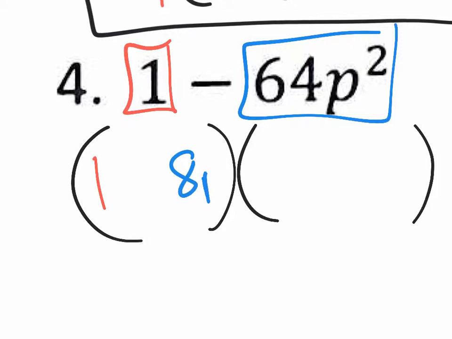That is 8 with a p. So let's repeat those two answers, 1 and 8 with a p. And of course, because it's a binomial, if I were to start distributing 1 times 1, 1 times 8p, and then 8p times 1, that means that when I combine like terms, the middle terms have to cancel out. And the only way that's going to happen is if you have opposite signs, a minus and a plus.